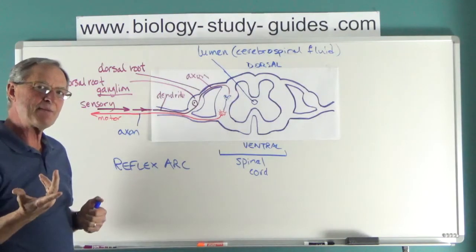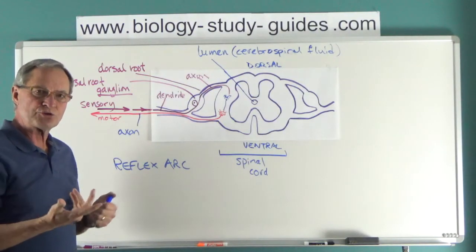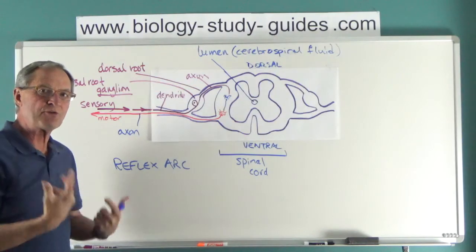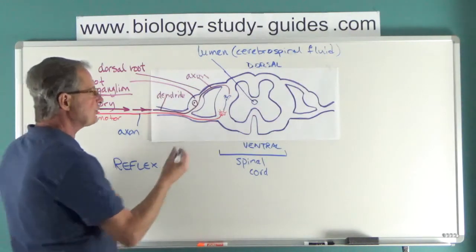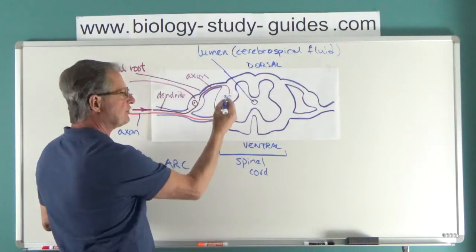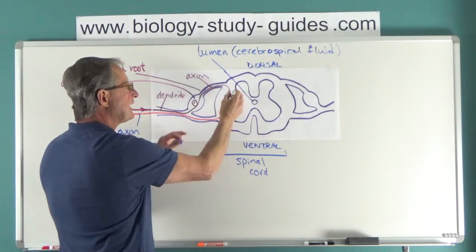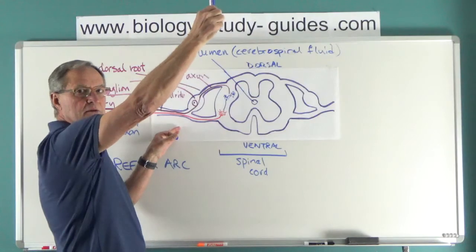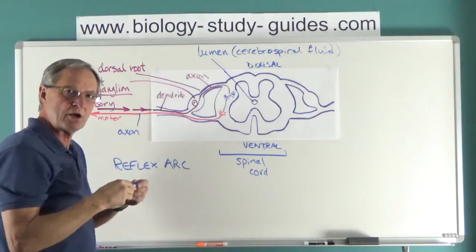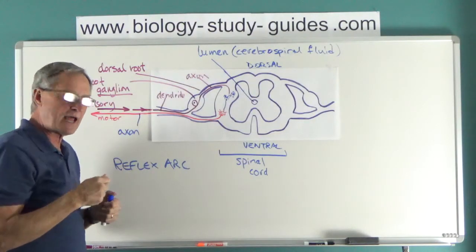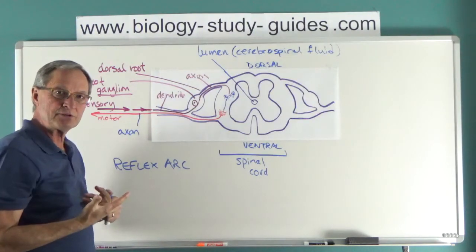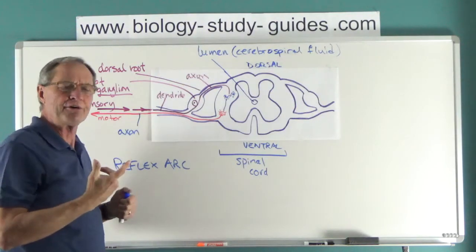At the same time, however, even though those things happen reflexively and you don't think about them, there's another interneuron, and here's the beauty of interneurons, there's another interneuron that'll take that message and it'll take it up to the brain. Because if someone pokes you with a pin or someone hits your knee with a little hammer, you still know what happens. You say, that hurt.